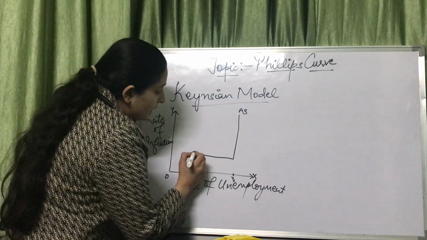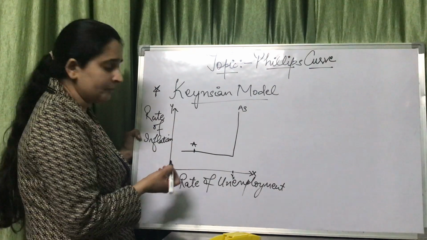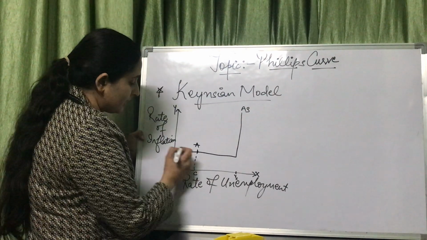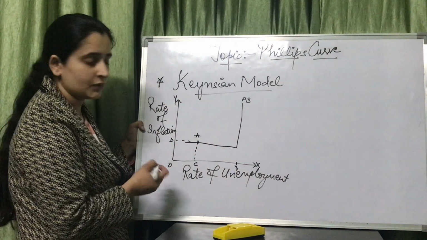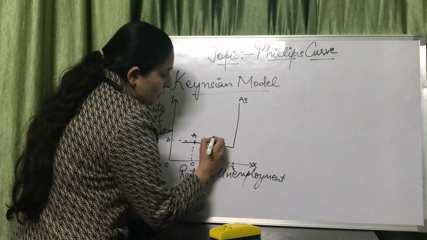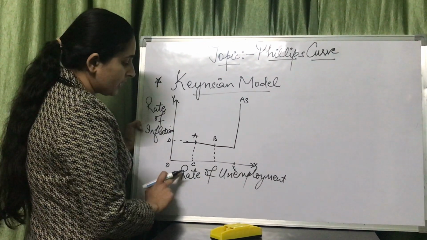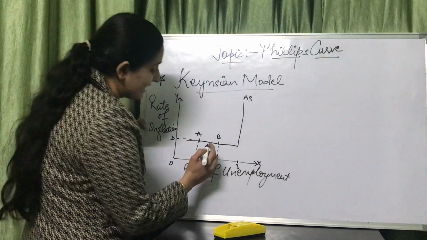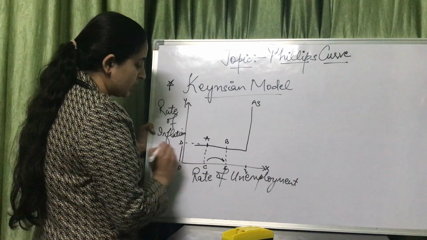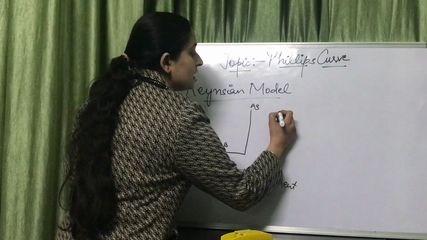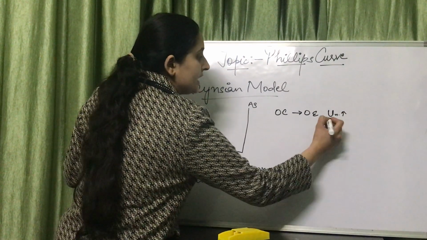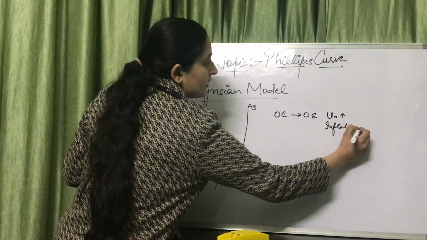Let us consider that the economy is at this point A. At this point the rate of unemployment is OC and the rate of inflation is, let us say, OD. Now the economy starts moving because it is not yet at full employment, and it is at point B. At this point the rate of unemployment increased from OC to, let us say, OE, but the rate of inflation is still the same.